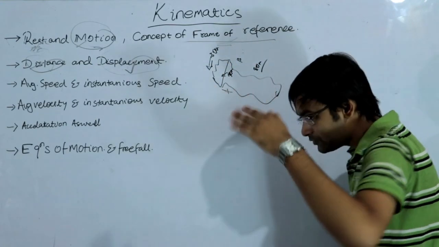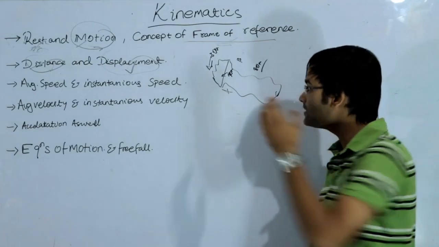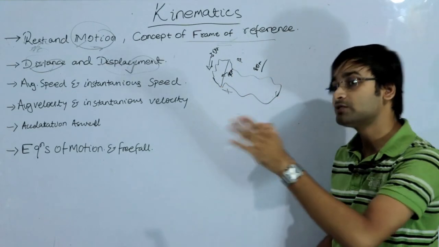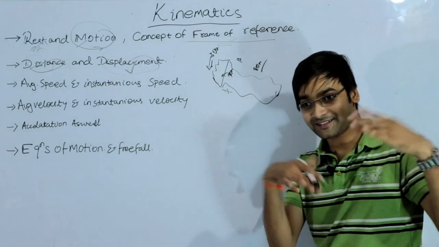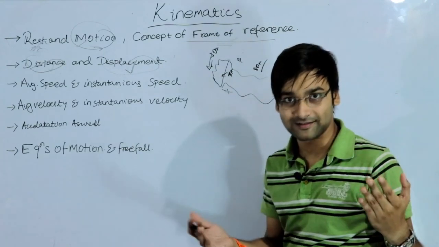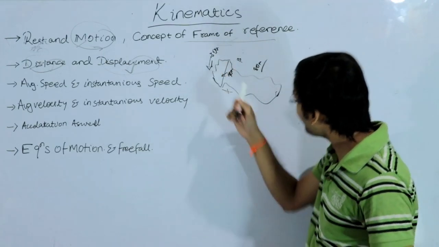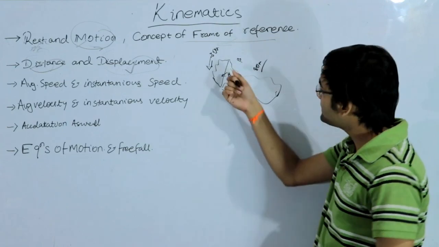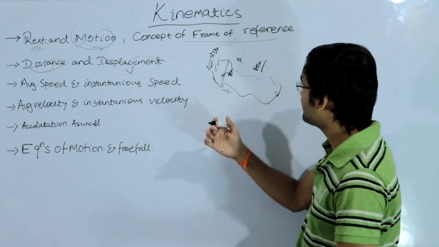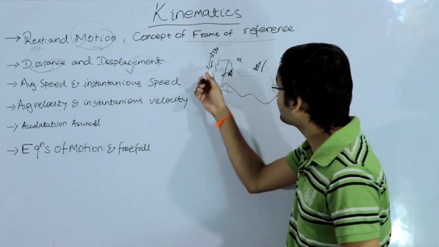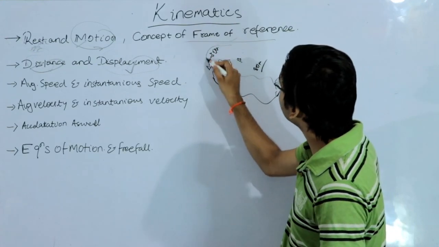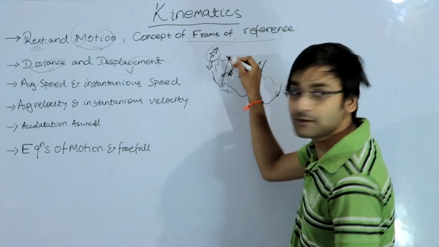If someone asks you what is the distance between A and B, you need to say according to whom you are having the answer, according to guy A or guy C. If you are trusting guy A, you can say the distance between A and B is 60 meters.